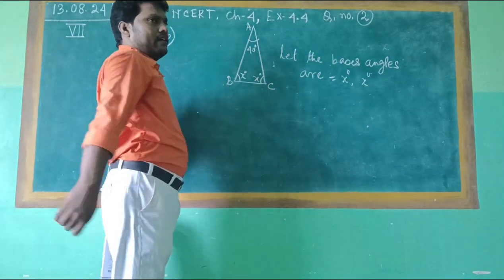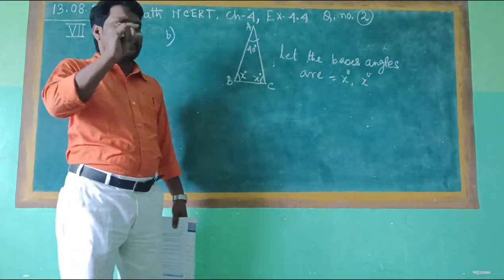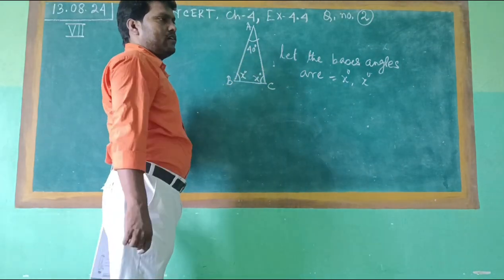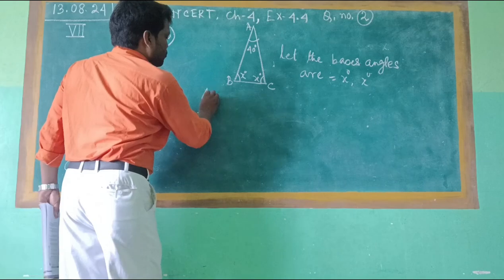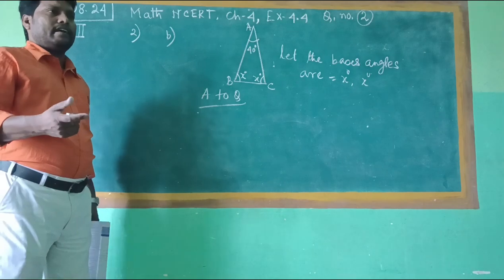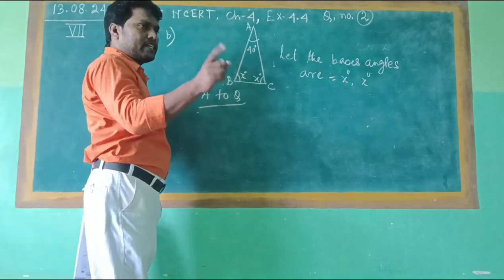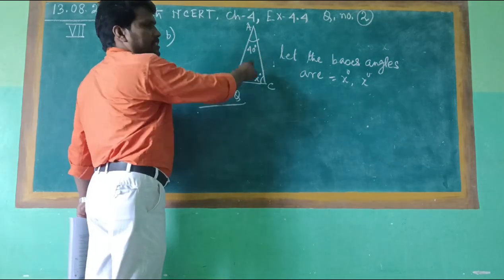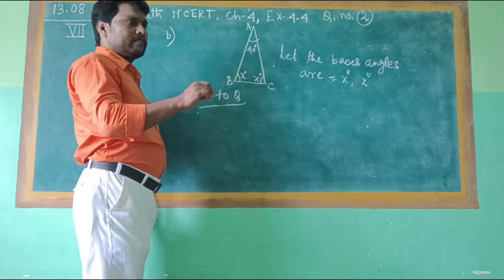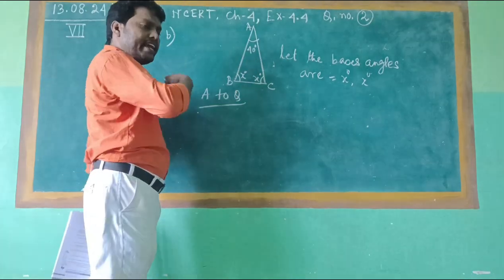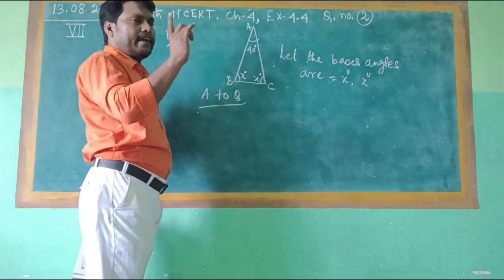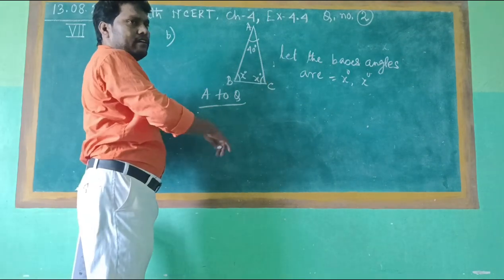Both are equal. And what is the property? Angle sum property of triangle. The sum of three angles is always equal to 180 degree. So according to the property, because in the question they have not mentioned that the sum of three angles of a triangle is 180 degree, but you have learned that the angle sum property holds for any kind of triangle, that may be acute angle triangle, obtuse angle triangle, right angle triangle and isosceles triangle.